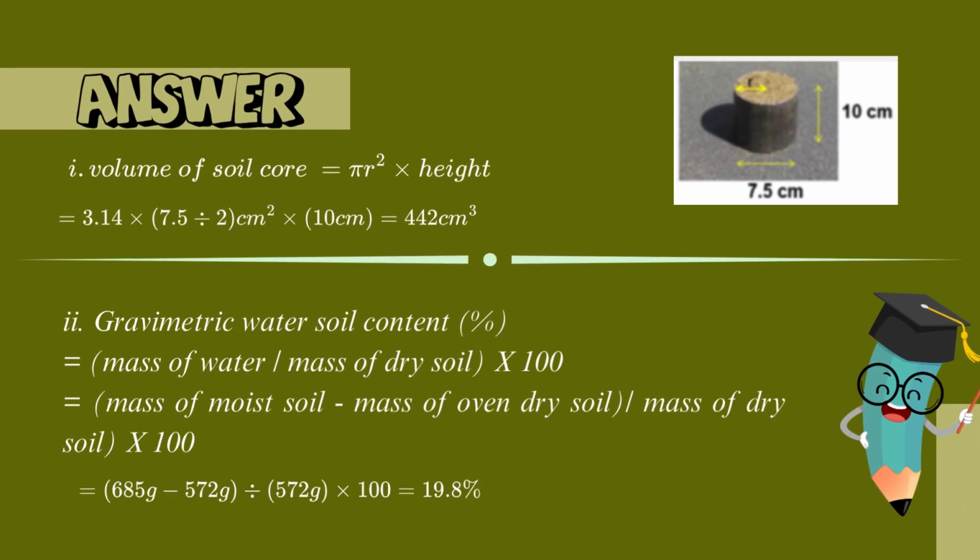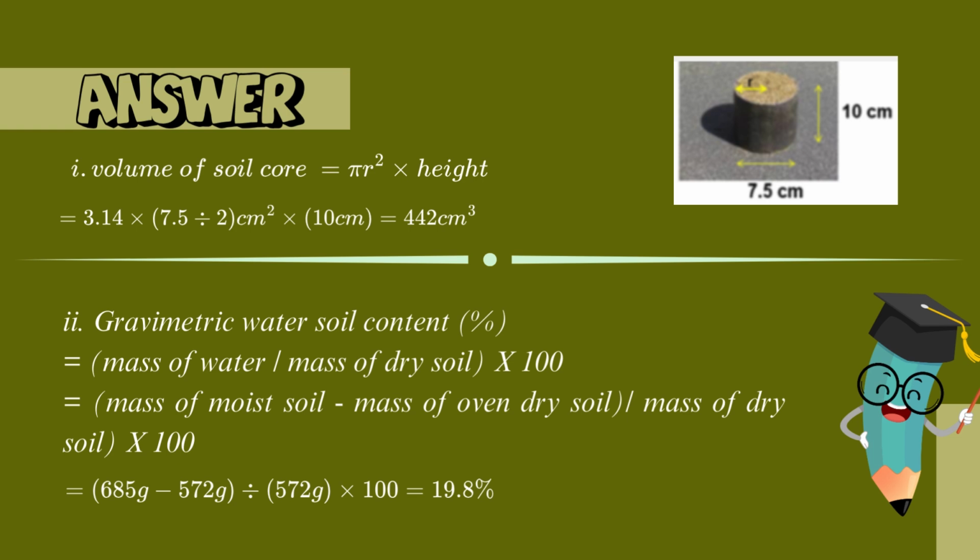In this slide, we begin by calculating the volume of the soil core using the formula for the volume of a cylinder, pi r squared h. With a diameter of 7.5 centimeters and a height of 10 centimeters, the soil core volume is calculated to be 442 cc. Next, we calculate the gravimetric water content, which measures the amount of water in the soil relative to its dry weight.